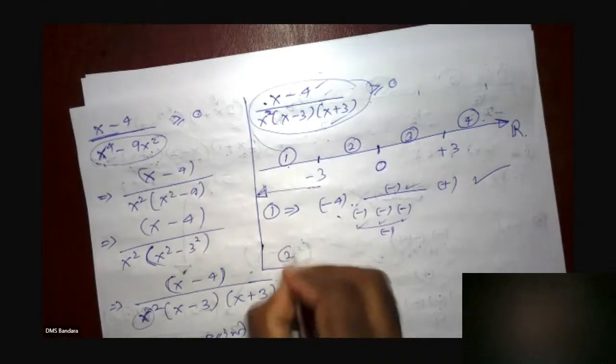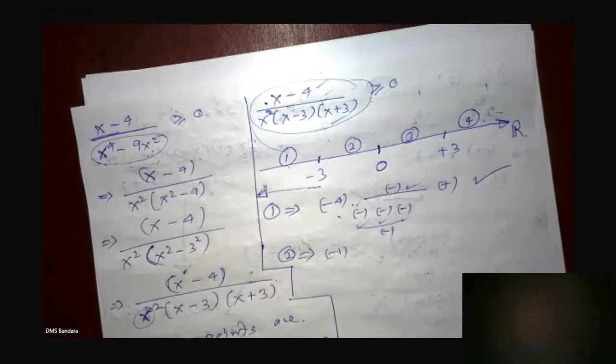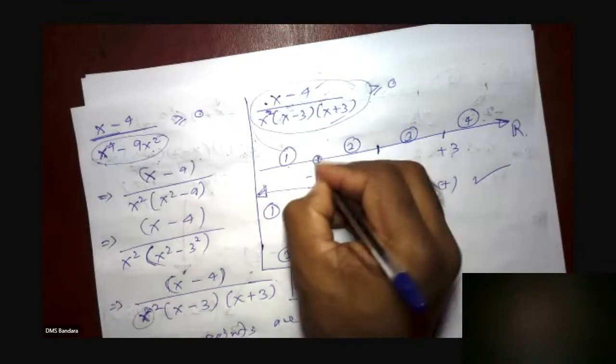When you go for region 2, go for the point -1. Now here, we find the critical points, 0 here.